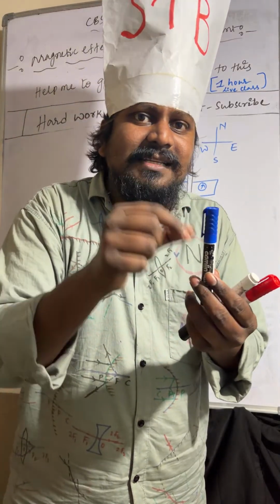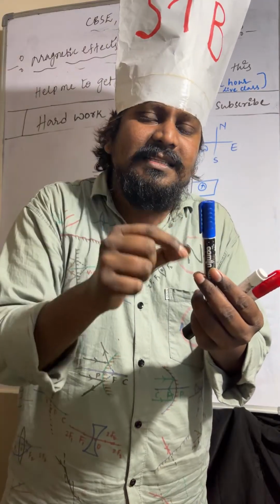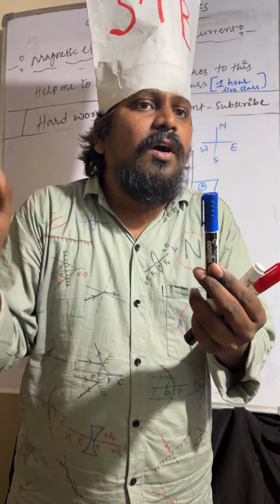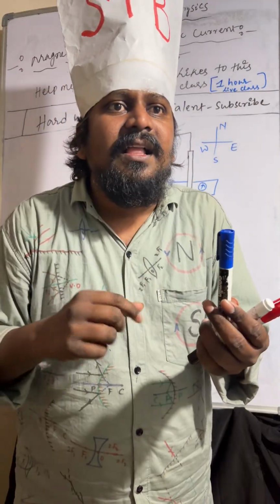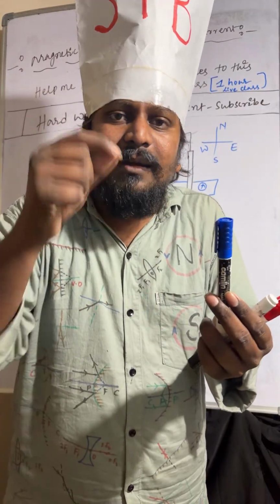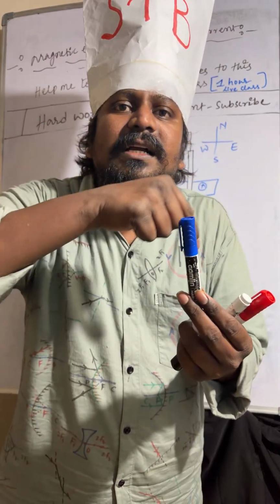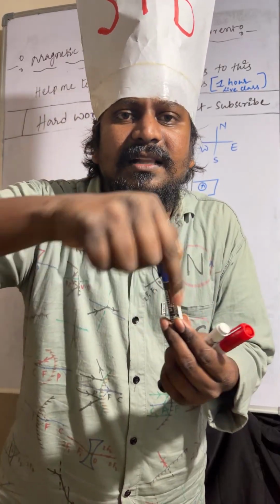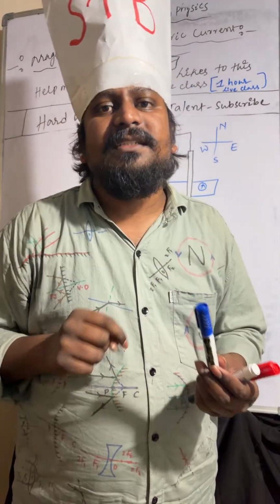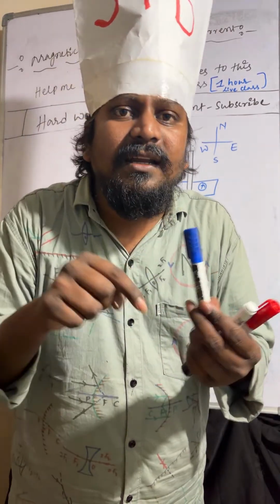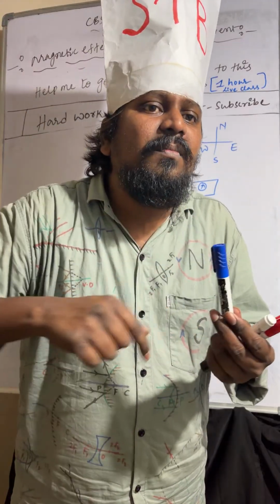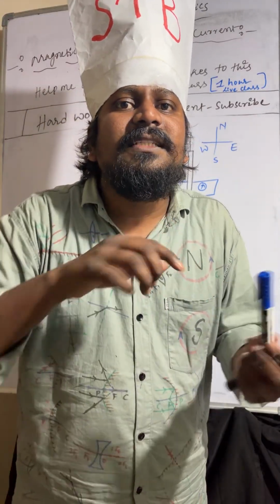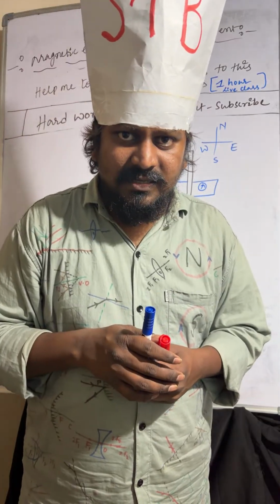Taking this one as a center, the magnetic field will be in the form of concentric circles around the conductor. Around the conductor, the magnetic field lines are in the form of concentric circles.